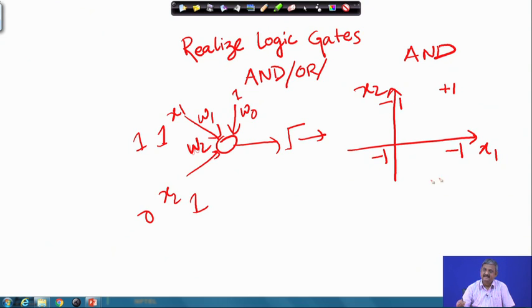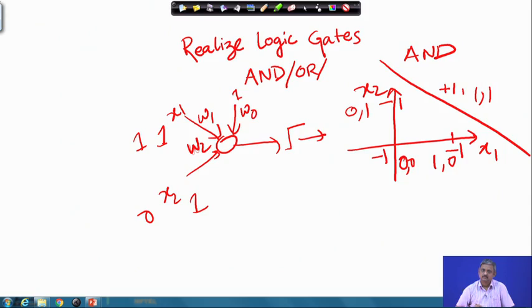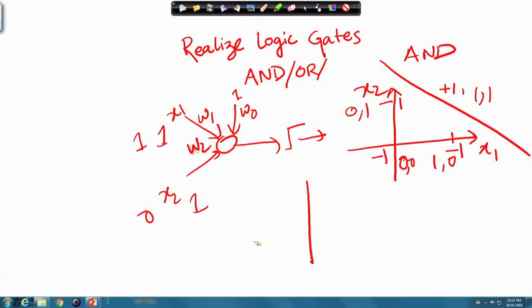So this is the AND function in x1 x2 space. Since the perceptron is a straight line, you can draw a straight line to put 1 1 on one side and the rest of the points on the other side. Similarly, you can see the OR function.